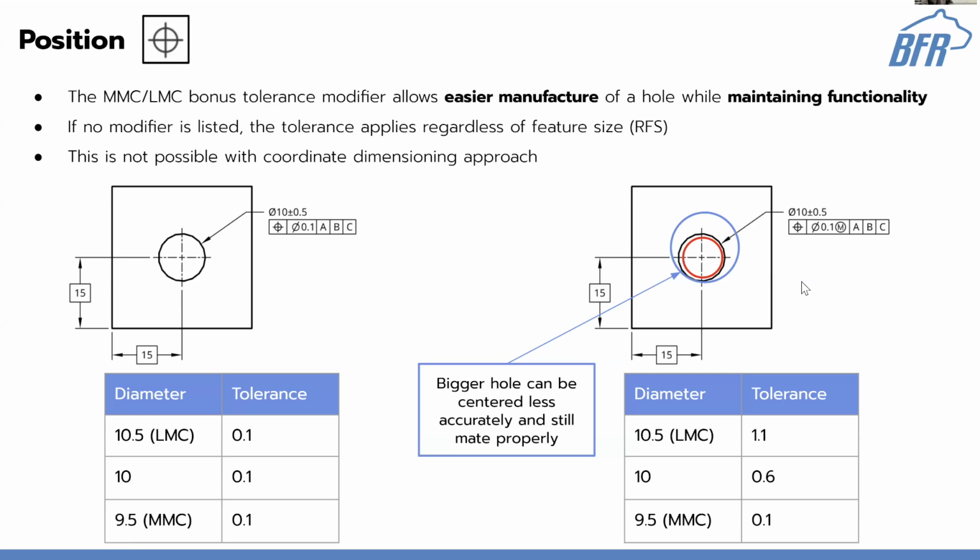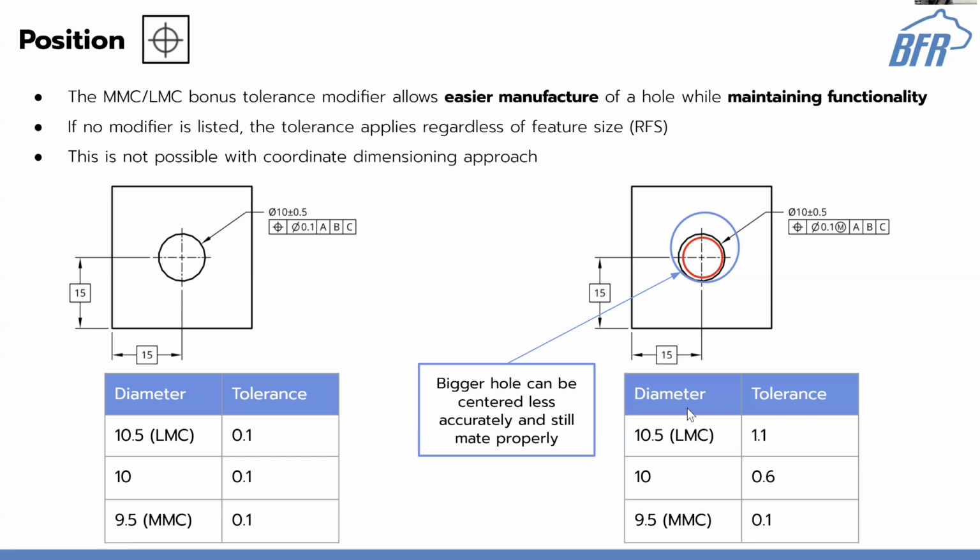you have more of a tolerance zone. So with the least material condition, which in this case is the largest hole possible, 10.5 millimeters, you get an extra 0.1 millimeters of tolerance with the modifier, because my bolt got smaller, so I can add on half of the diameter in either direction.